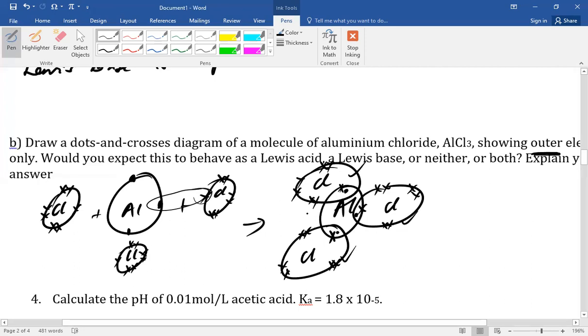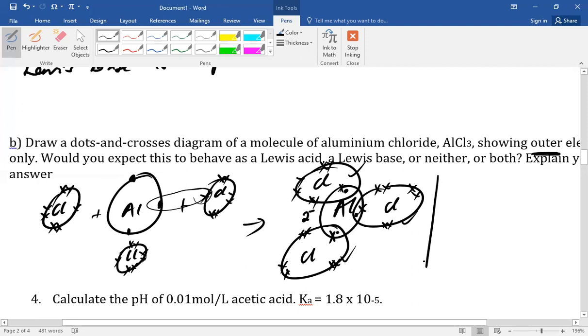So what's happening there is that aluminium needs 2 more electrons. So aluminium needs 2 more electrons for it to have a full outer shell like chlorine.